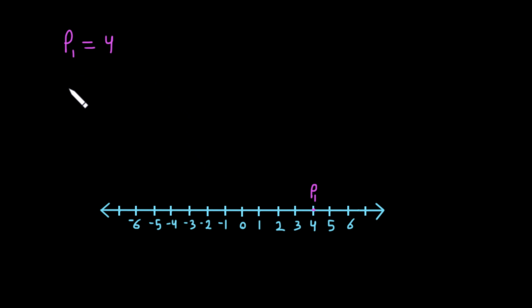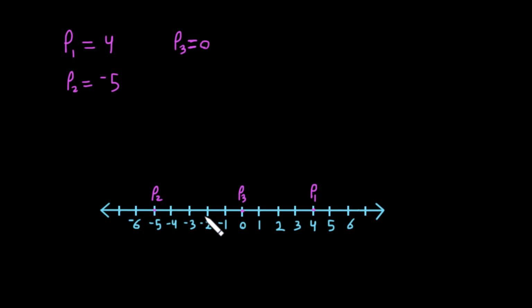If I tell you P2 equals -5, where is -5? -5 is here, P2. Another example, if I tell you P3 equals 0, it's like you are in the middle of this line. So here is point P3.